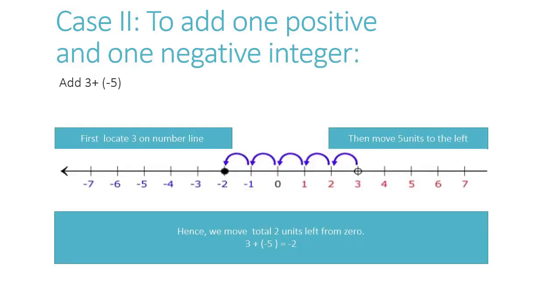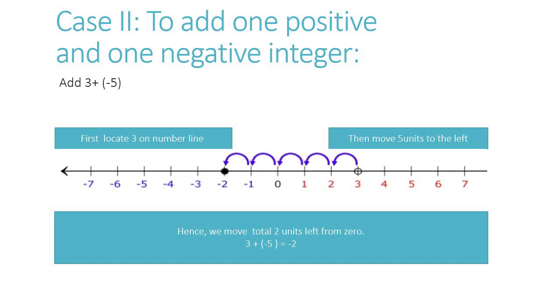Let's take another example where a positive integer is added to a negative integer. Suppose we want to add 3 and minus 5. Again, we'll draw a number line. First locate the number 3 on the number line.